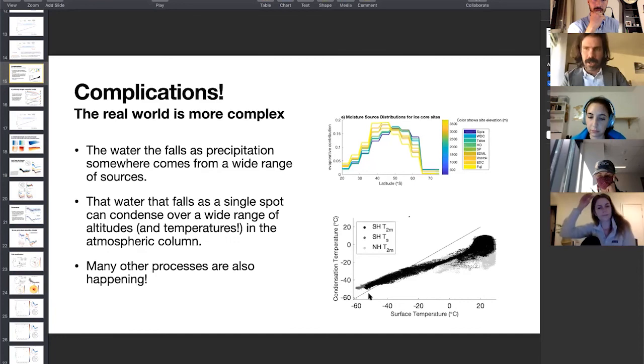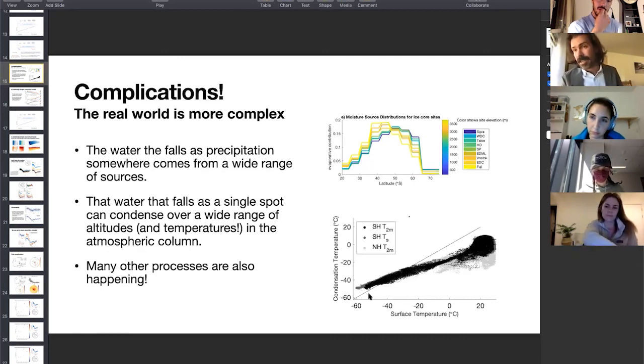And it certainly could. But I think one good point in favor of being able to use the modern relationship is that this is something that's mostly dependent on the temperature itself. And we can sample a huge range of temperature in the modern climate, right? The difference in the surface temperature between the edge of Antarctica and the top of Antarctica is much, much bigger than the change in temperature between the last glacial maximum and now at a single place in Antarctica.